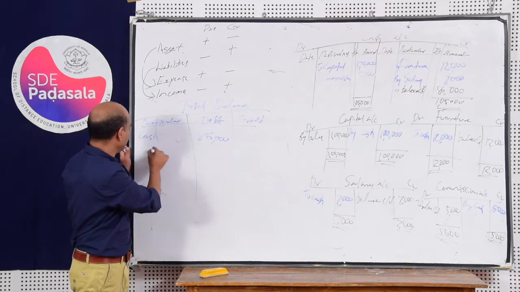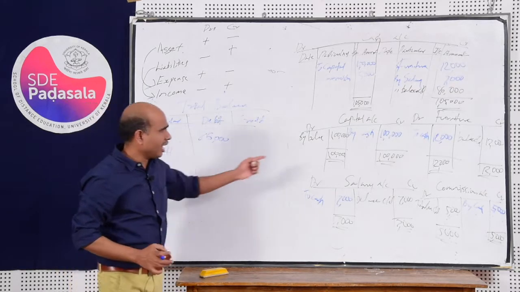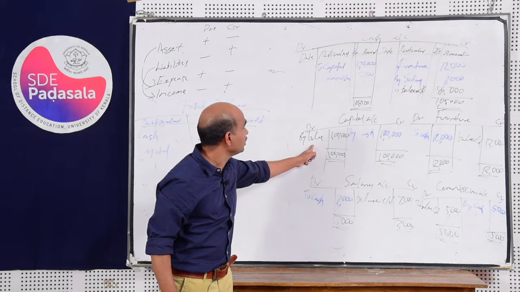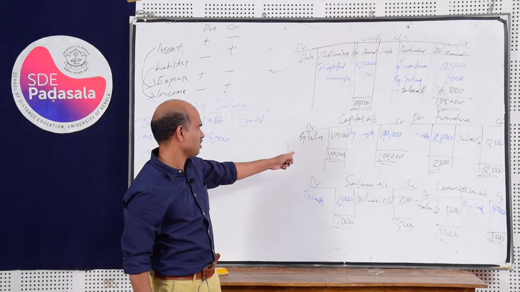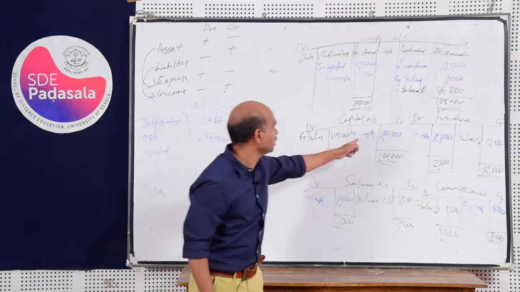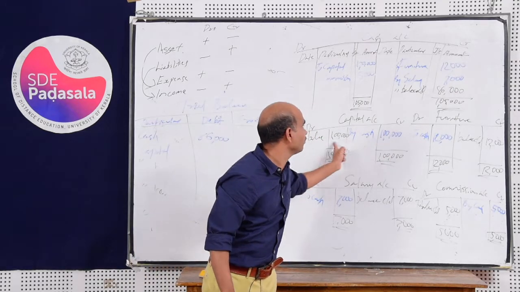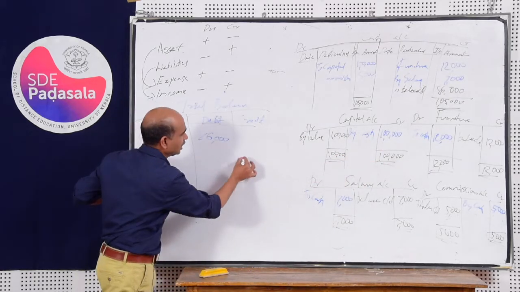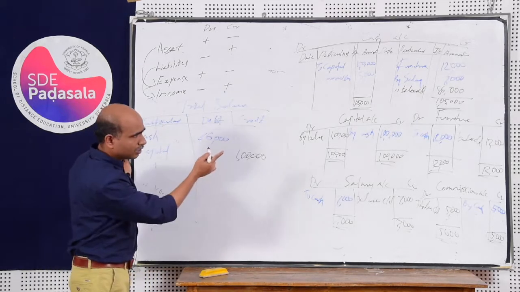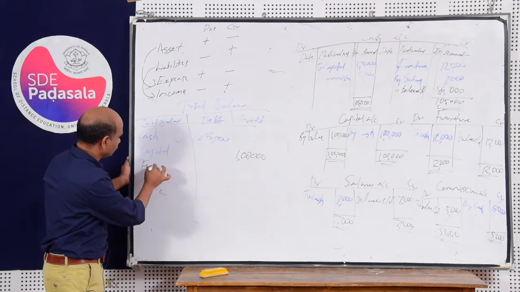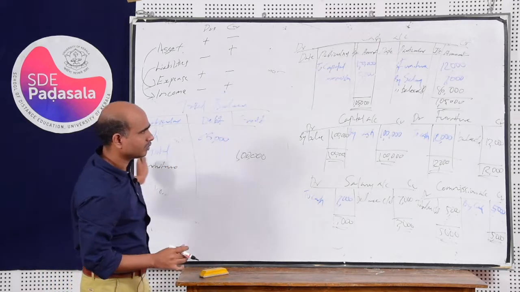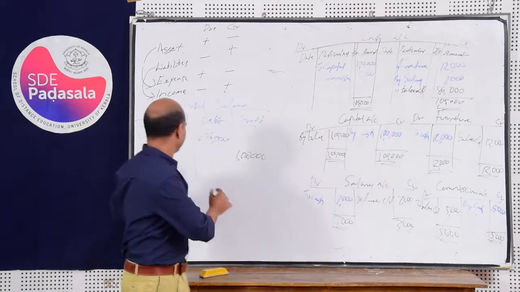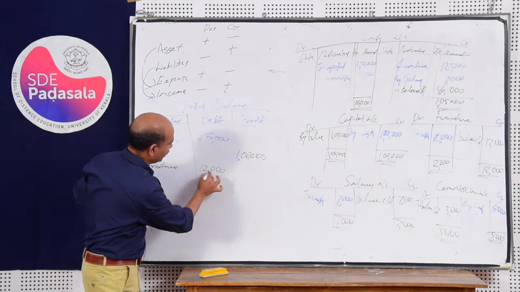The second item is capital. No, in capital account, the right hand side is greater than the left hand side. In capital account, 1 lakh rupees. Credit side is greater than debit side. In the case of furniture, left hand side is greater than credit side, 12,000.